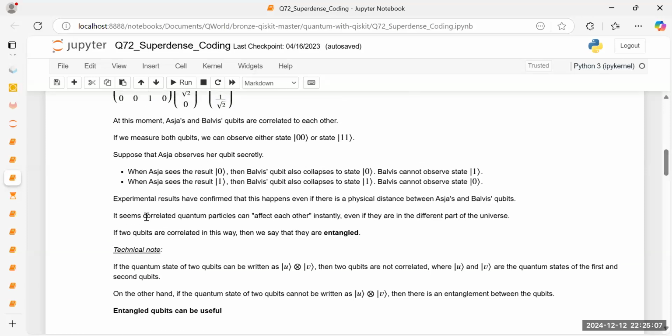For entanglement, we have correlated quantum particles, and they affect each other instantly, regardless of the distance between them.